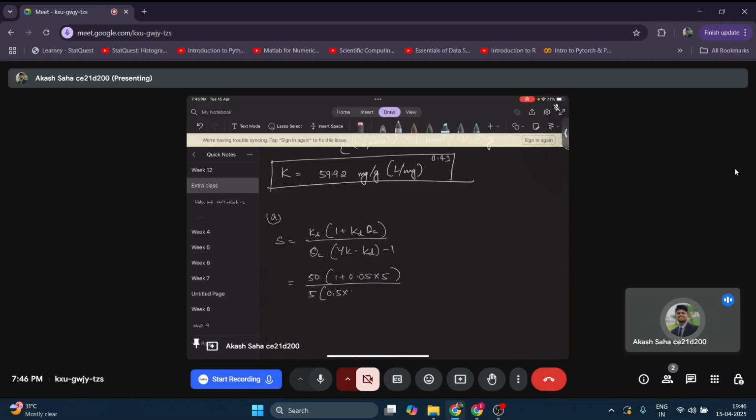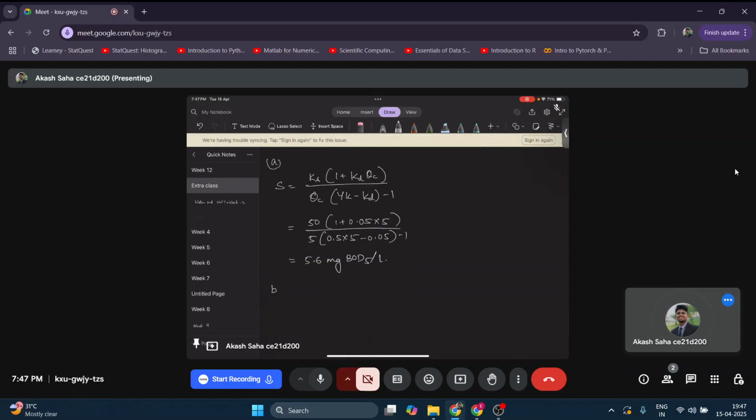These equations have to be memorized because it will take time to derive in the final exam, so it's better that you memorize all these formulas. Okay, so this is for the effluent BOD. Now what will be the efficiency? That is 97.2%. Okay, so this we found out.